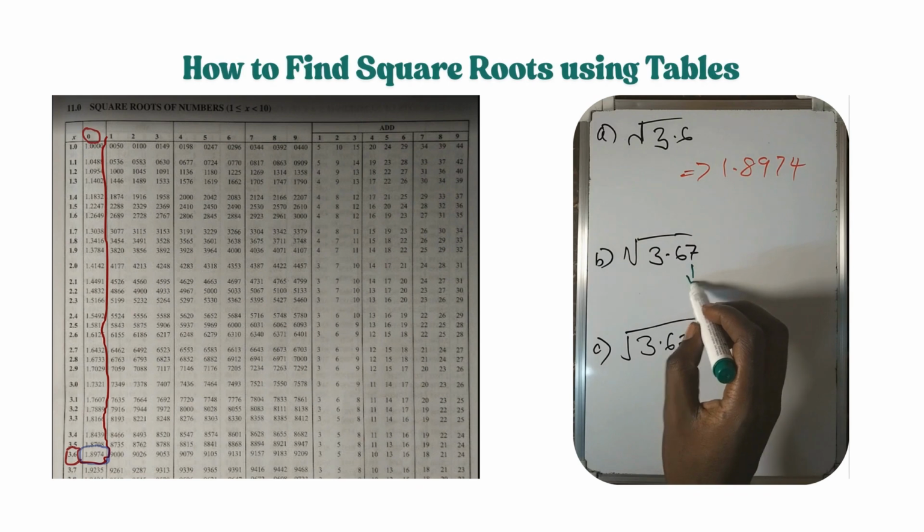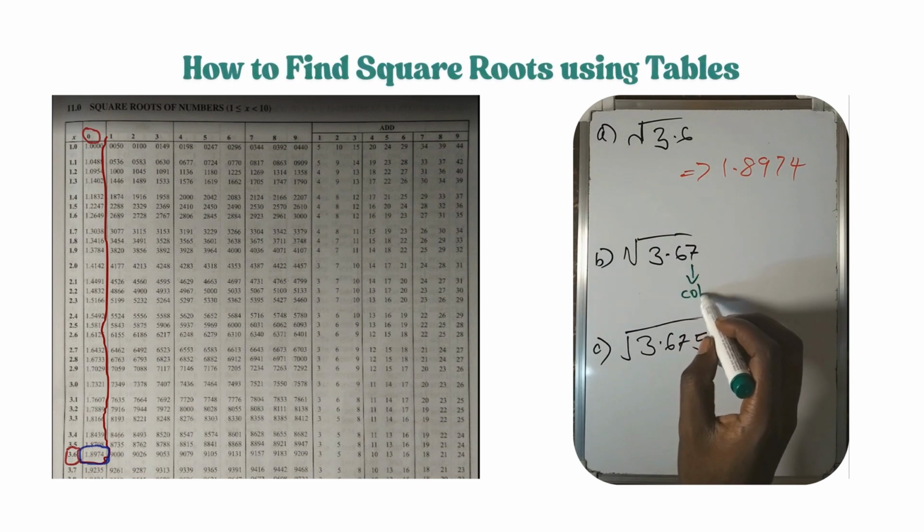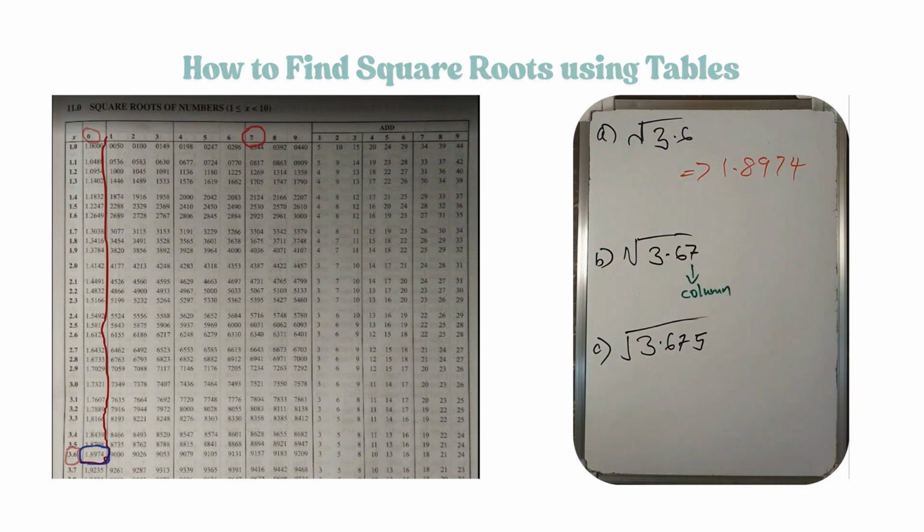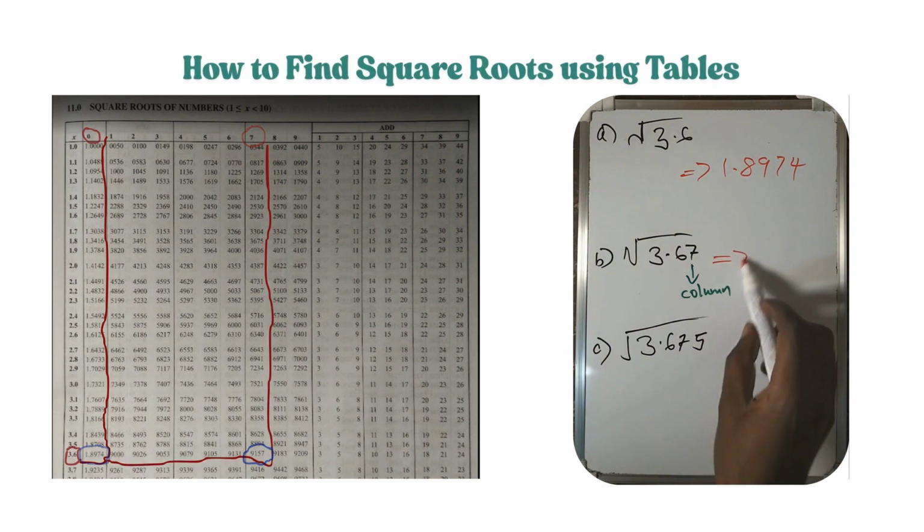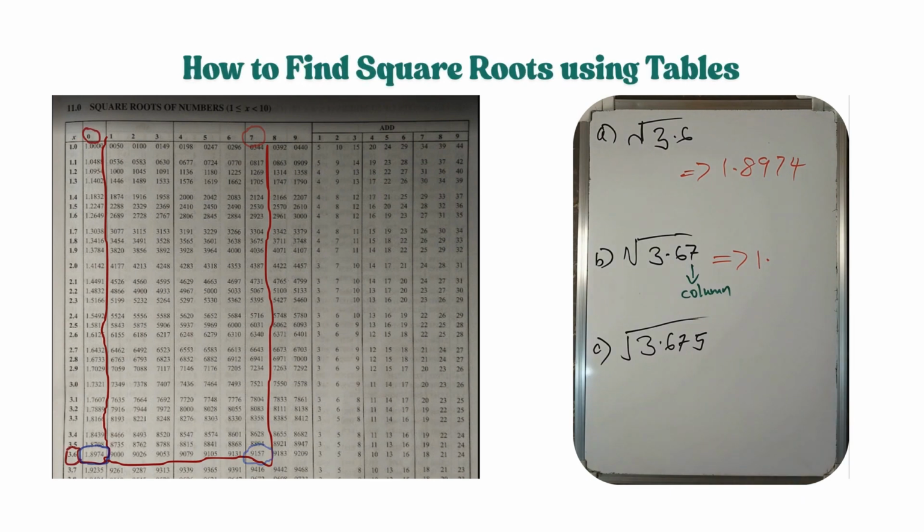So 3.67, we have 9157, and since this column starts with the 1, our answer will be 1.9157.